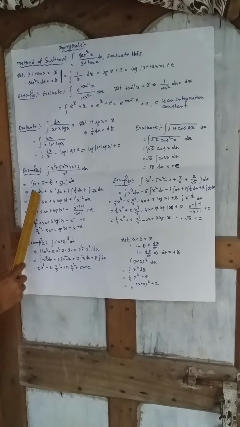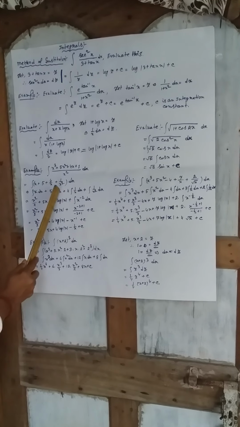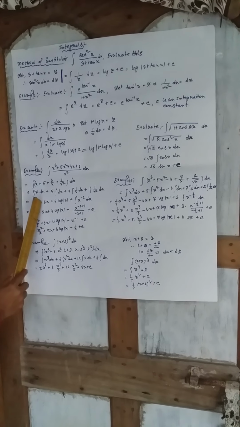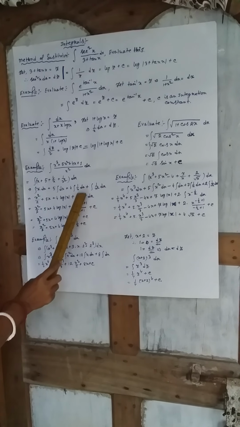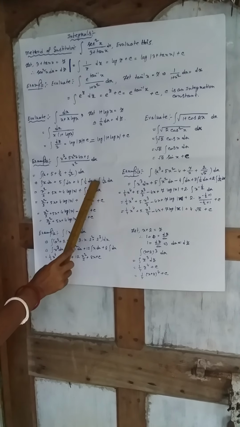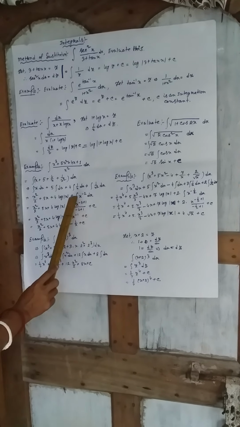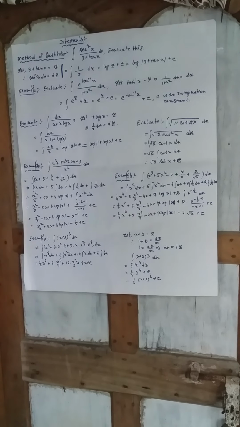Now the integration of x is x square by 2, and integration of 1 dx is only x, so 5 into x, that is 5x, plus 4 log x, because integration of 1 by x dx equals log x, plus integration of 1 by x square, meaning x to the power minus 2.